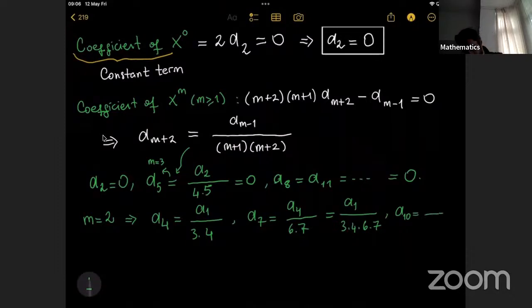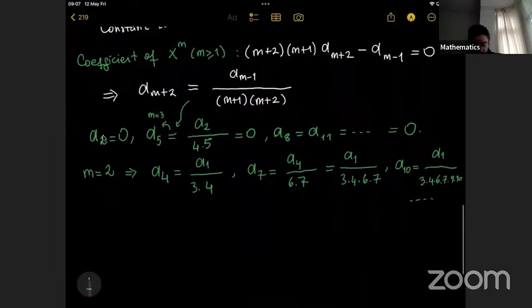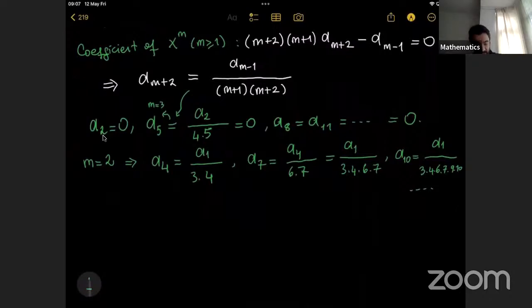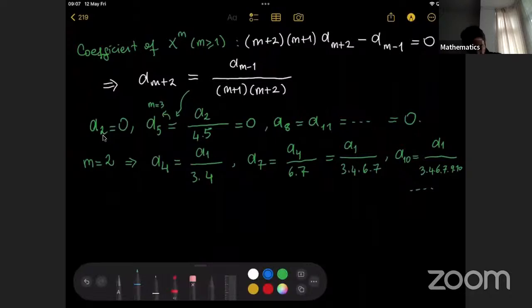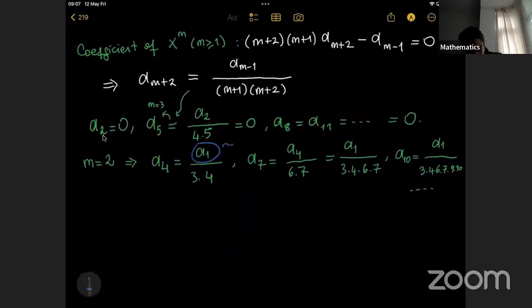So it's going to be A1 over 3, 4, 6, 7, 9, 10, and so on. Okay, like this. And you continue this. And A1 is free here. A1 can be any number, it can be any number you take, okay?